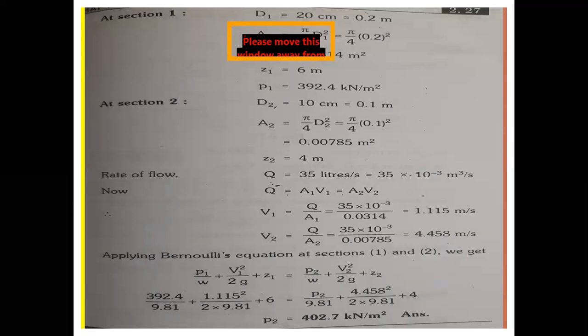By writing the given data, D1 is equal to 20 centimeters. Taking the area, you are getting the value. Next, you know the datum height Z1 is equal to 6 meters. Now take section 2, D2 is equal to 10 centimeters. A2 is equal to pi by 4 D2 square. You are getting the value of A2. Then what is Z2? Z2 is equal to 4 meters.